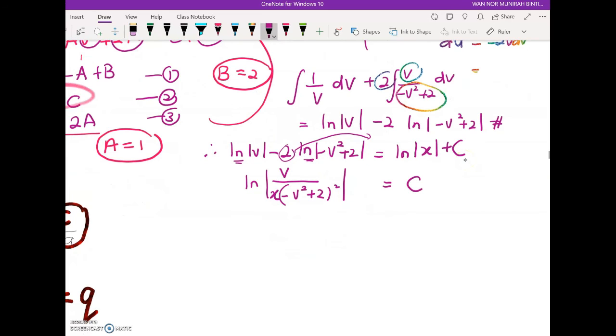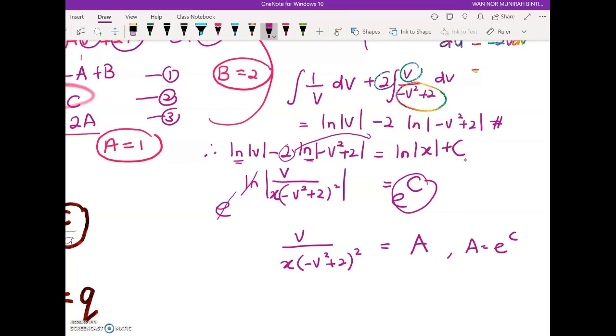So we can simplify by taking the exponent on both sides of the equation, so that the natural log is gone, and we have v over x times negative v squared plus 2, squared, equals e to the c, which is A, so A equals e to the c. Then you can re-substitute what your v is.